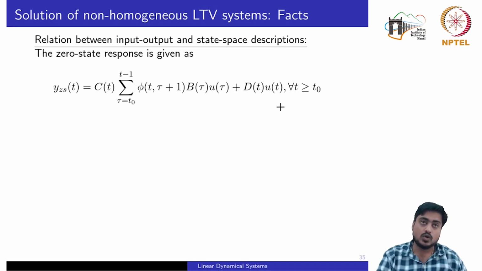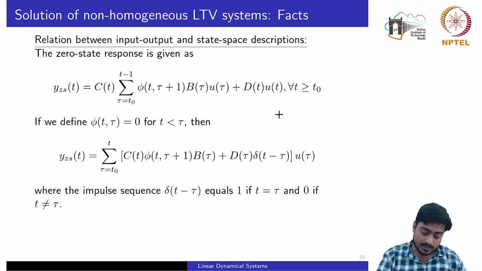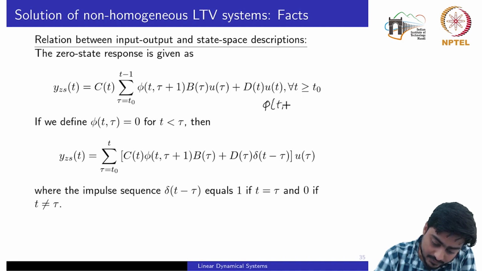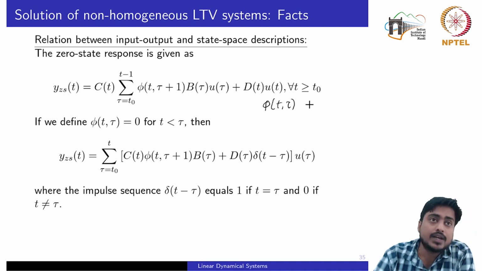Now if I want to relate the zero state response with the impulse response that we had seen in the time domain, then I need to do some manipulation. We know that if I define the state transition matrix in the discrete time by phi t comma tau, it would have some values for all t greater than or equal to tau, only in one direction.